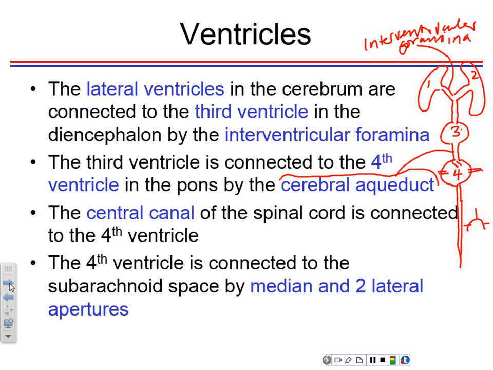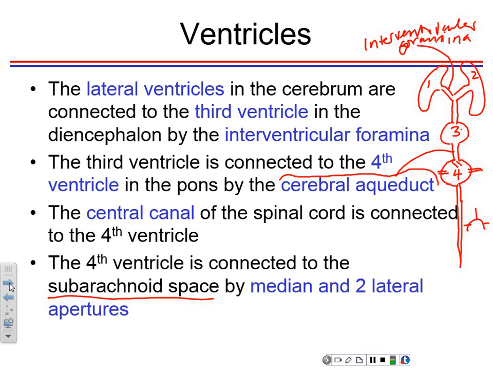So where are we starting? We're starting in the lateral ventricles in the cerebrum, right? Those are the big, huge chambers containing cerebrospinal fluid. Then the interventricular foramina joins them to the third ventricle. Remember when we were talking about the thalamus and I said it looks like a yo-yo, with an interthalamic adhesion that joins the two?